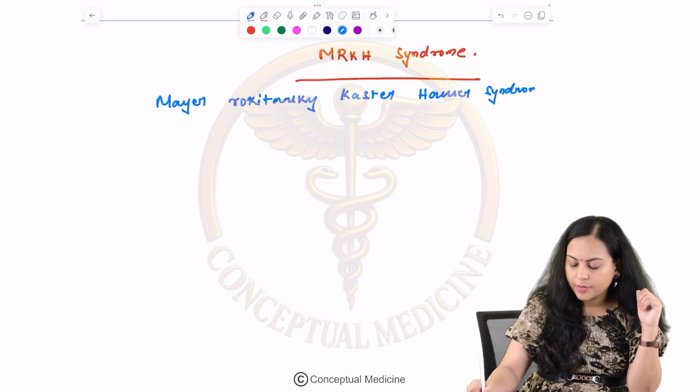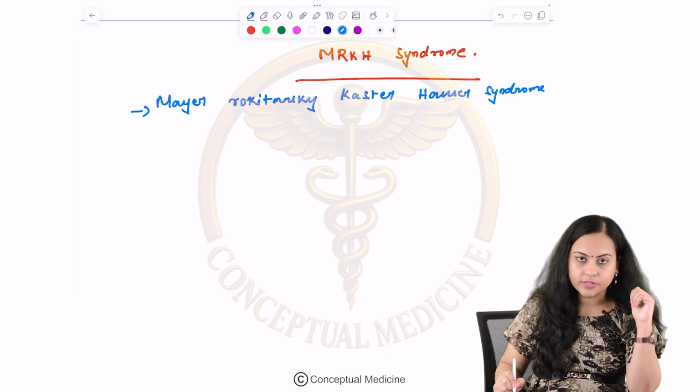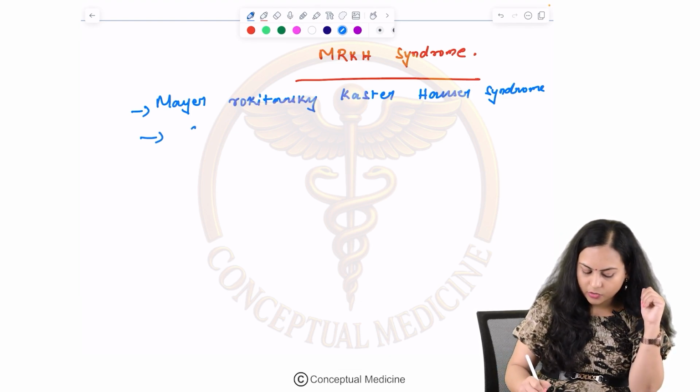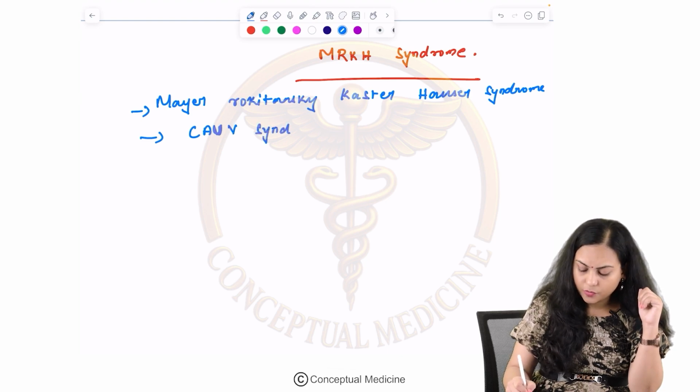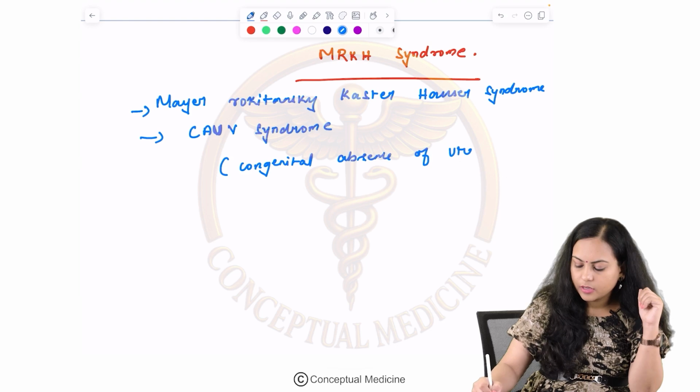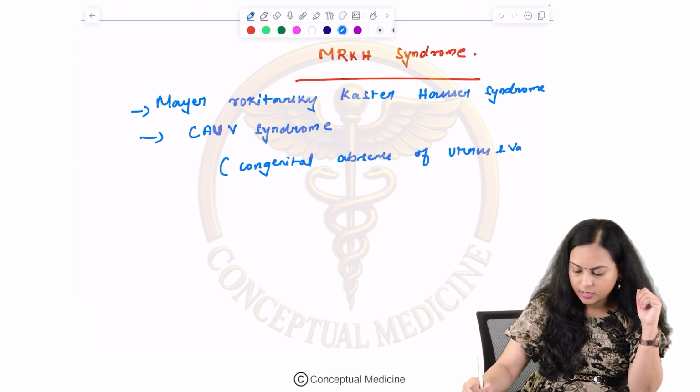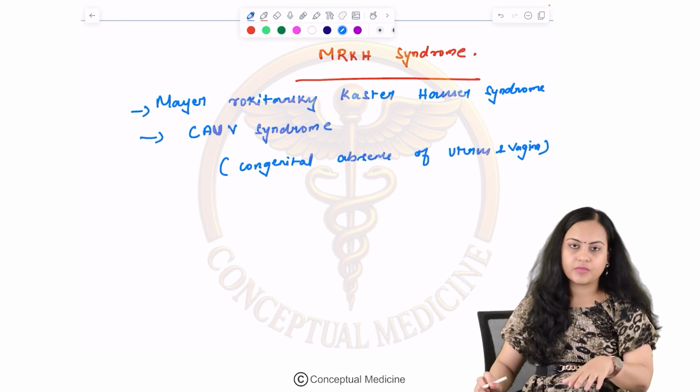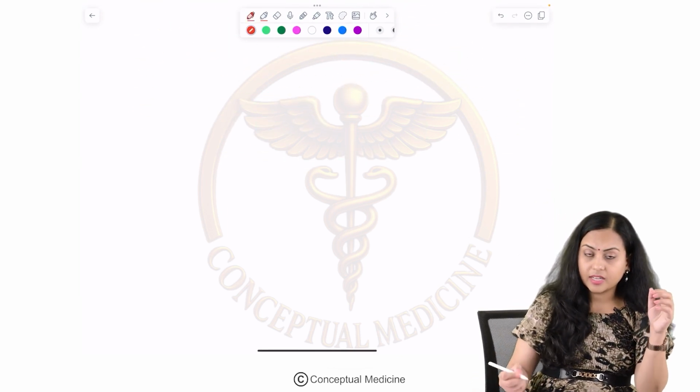So it is Mayer Rokitansky Küster Hauser syndrome, and it is also referred to as CAUV syndrome, that is congenital absence of uterus and vagina.